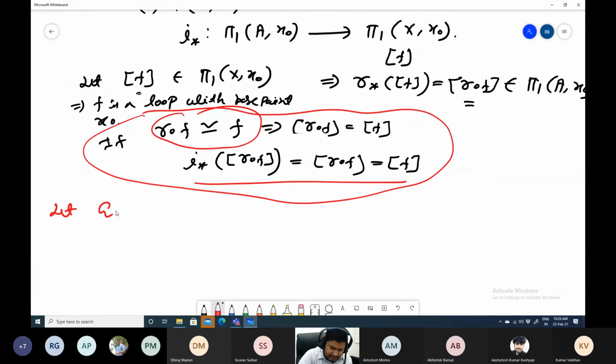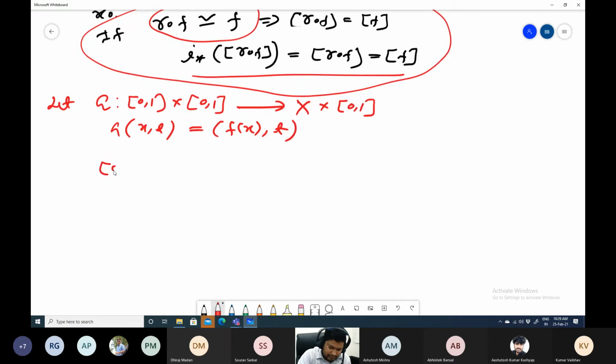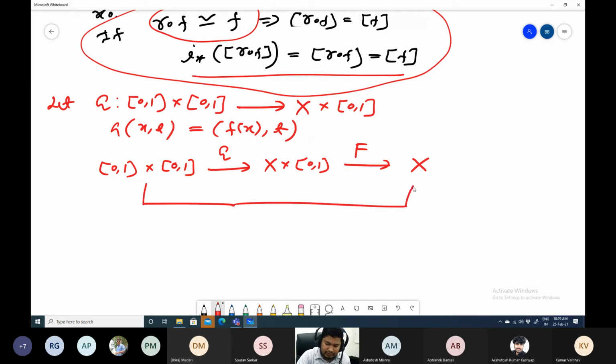So now let G be the map from [0,1] cross [0,1] to X cross [0,1], defined by G of (x, t) equal to (f x, t). Okay, so this is a map. So we have this situation: [0,1] cross [0,1] to X cross [0,1] to X. This is my F, this is my G, and we need this to this.